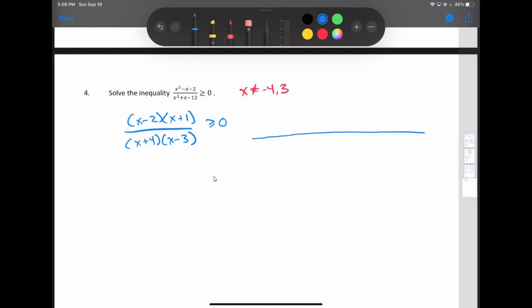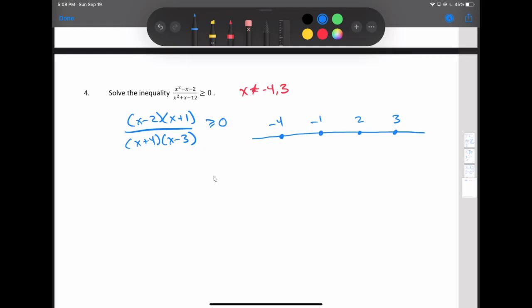Basically, we're going to be looking for -4, -1, +2, and +3. These are by no means equally spaced. They're just numbers on a number line to show us the order things happen in. And so that's going to give us 5 regions we have to check. Below -4, between -4 and -1, between -1 and 2, between 2 and 3, and above 3. So we're going to plug in some points and see what happens.